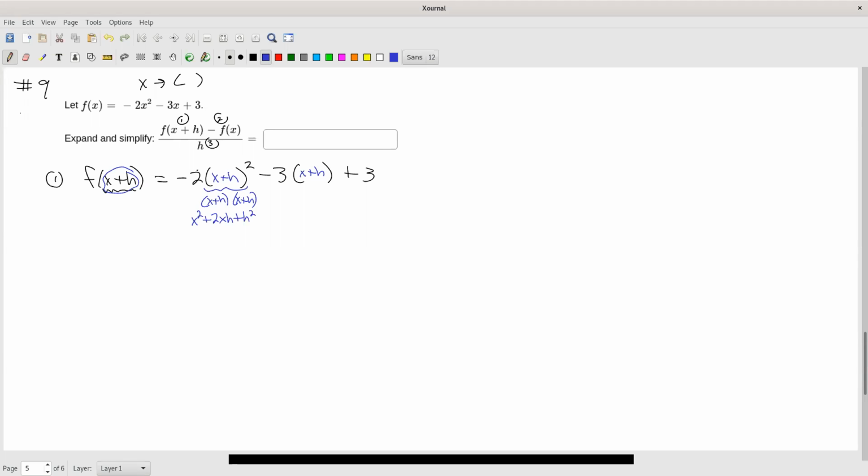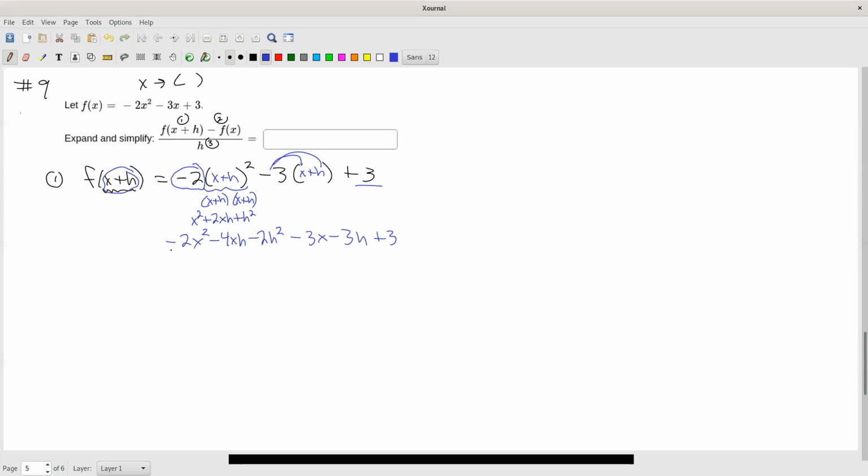And then we have to multiply everything there by -2. So -2x squared minus 4xh minus 2h squared. Distribute the -3 here. So minus 3x minus 3h, and then add 3 right here.